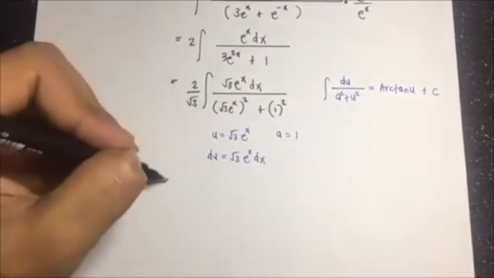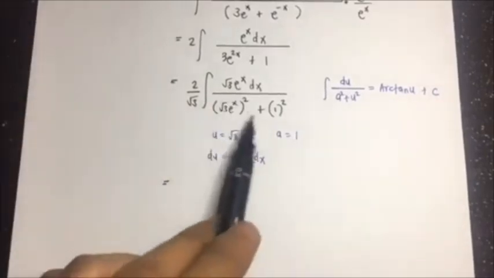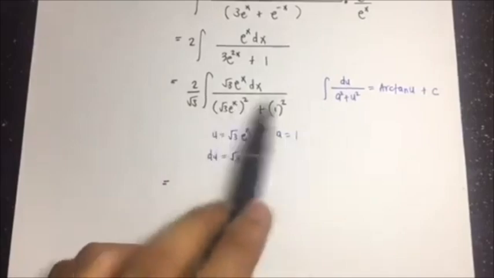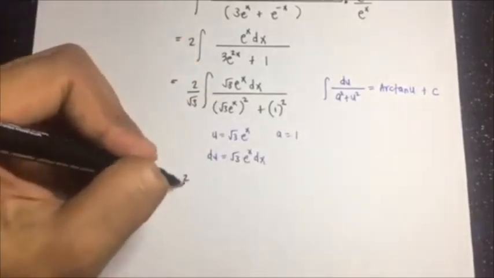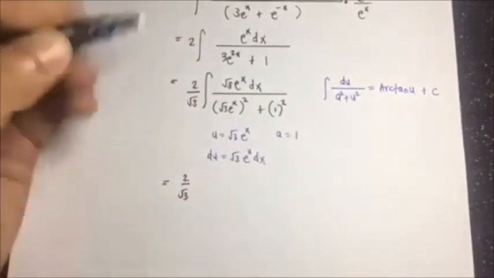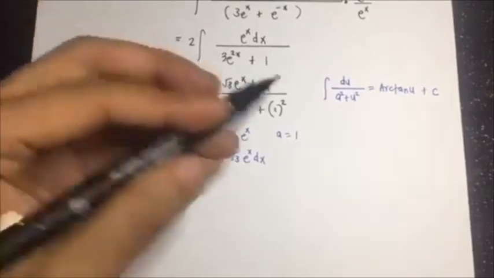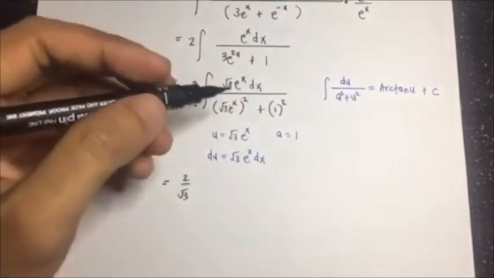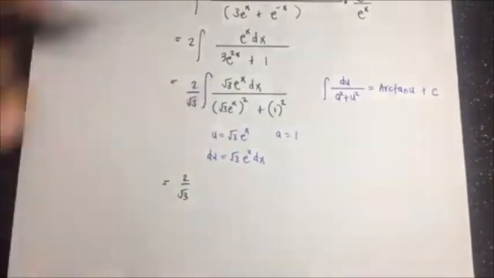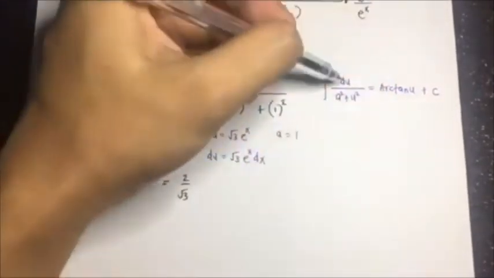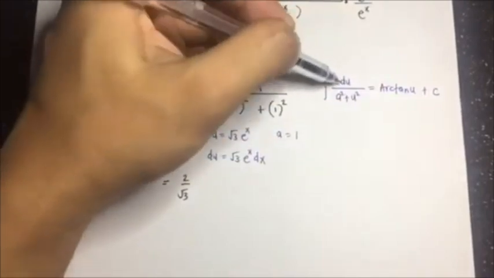Okay, so we can now apply the formula. So it's in this form already. So we have 2 over square root of 3, and then this will become, so there's a missing part in the formula, no? So it's the integral of du over a squared plus u squared is equal to 1 over a arctan u over a plus c.